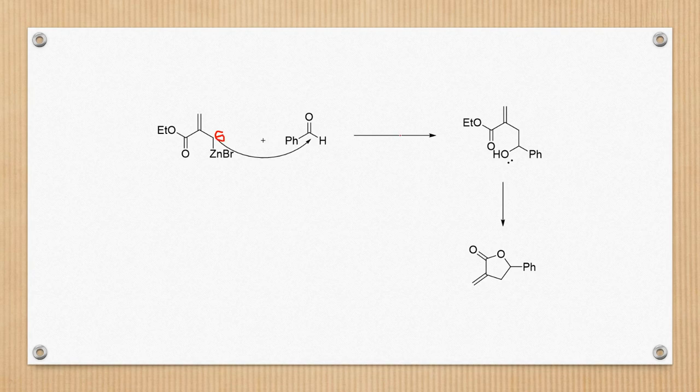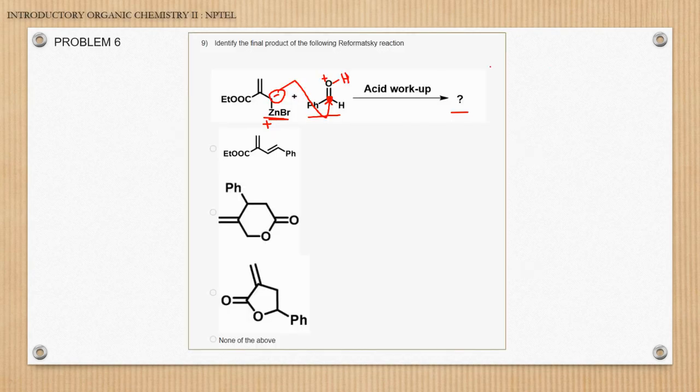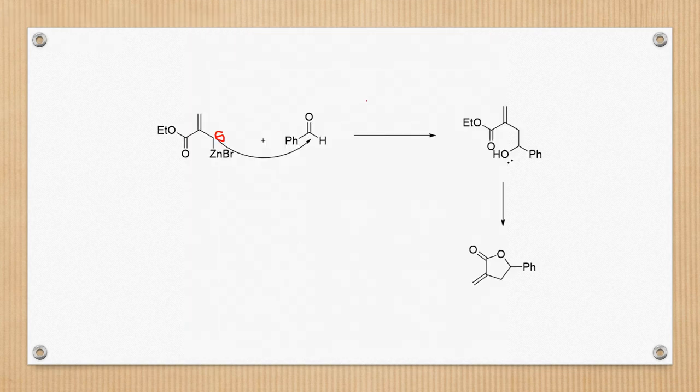Right? So here they have told you that they have done the acidic workup. And guys, you are well aware that an ester will get hydrolyzed in the presence of acid. So here also your ester is getting hydrolyzed to form the OH, or this ester itself can behave as a good leaving group. So here, what will happen after the nucleophilic attack?